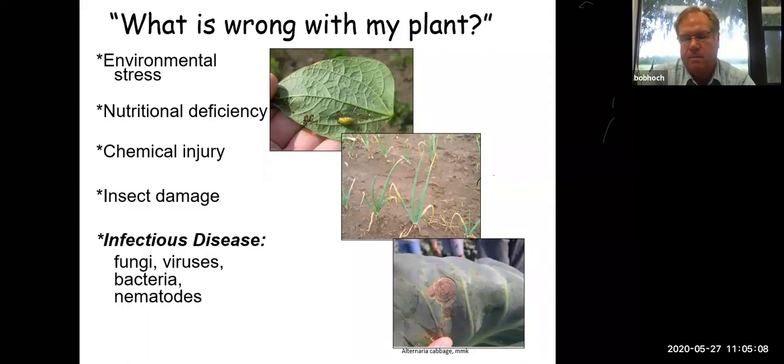In this case, much of this will be on tomatoes, but is it an environmental stress? Is it a nutritional deficiency, chemical injury, insect damage? And if it is an infectious disease of some kind, is it a fungus, virus, or a bacteria? Or in another category, could it potentially be nematodes? Just jumping back up to the first one, this year, this spring here in North Florida has been really, really different.